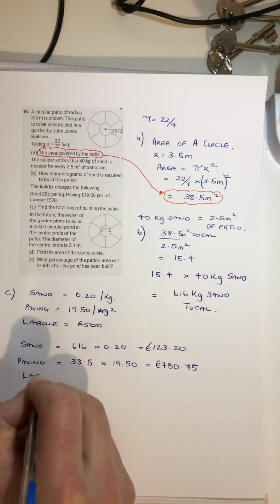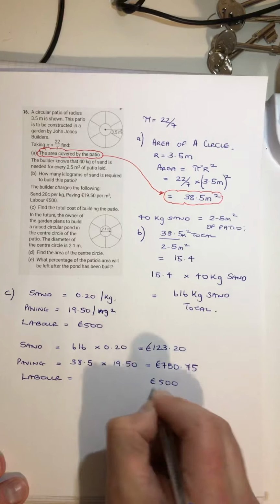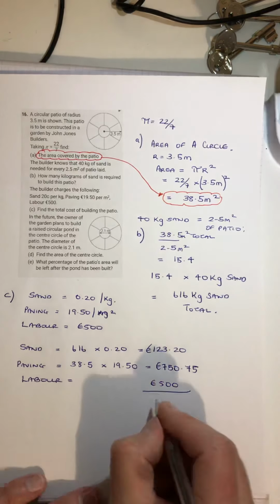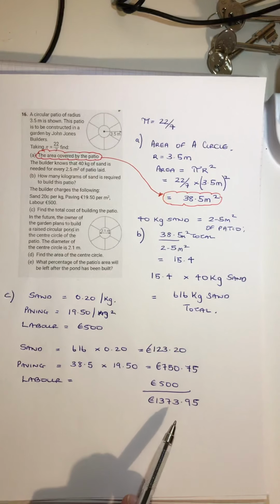Plus the labour is a flat €500. So add all those together and we get a total of 1373.95. So 1,373 euros and 95 cents.